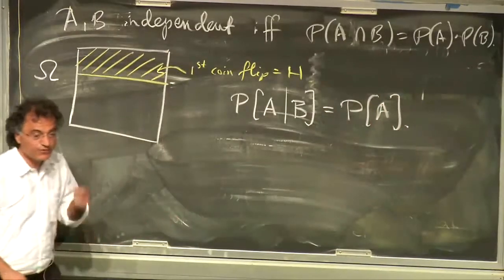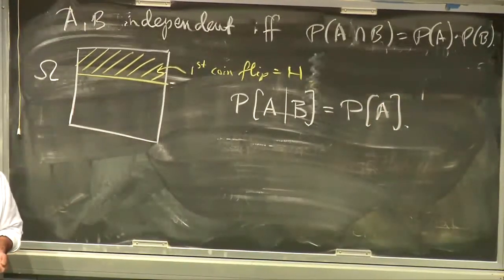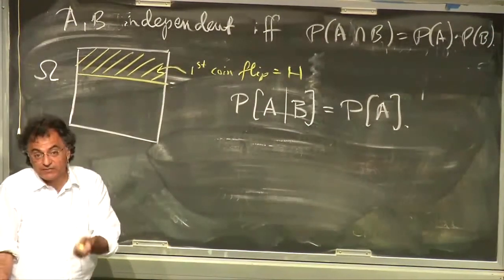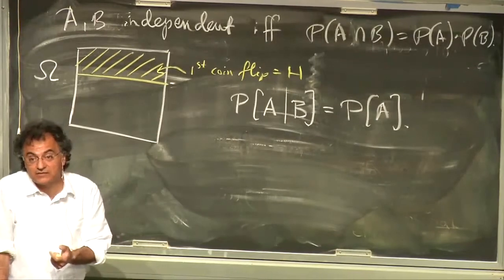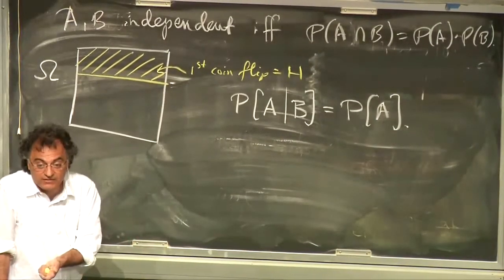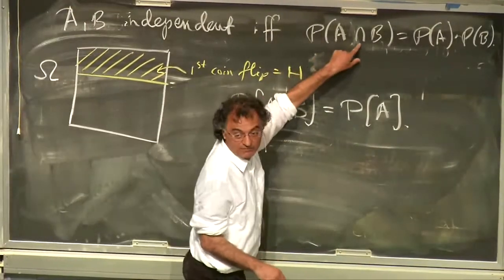So if you know that B happened, it doesn't tell you anything about whether A is going to happen or not, or vice versa. If you flip the first coin and it turned out to be heads, it tells you nothing at all about whether the second coin flip is going to turn out to be heads. That probability remained unchanged.